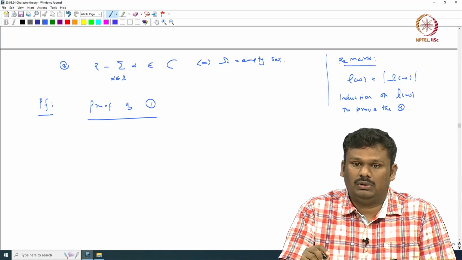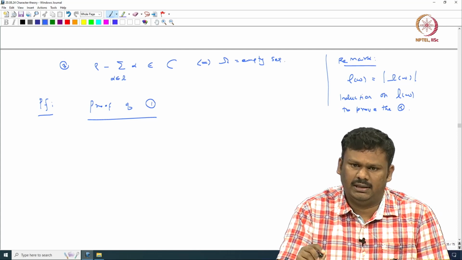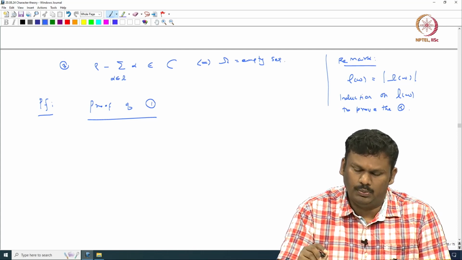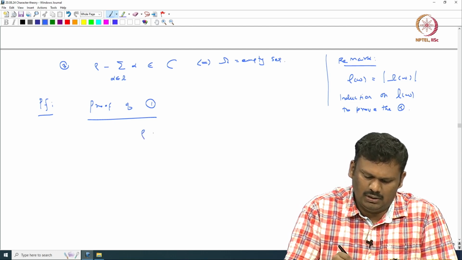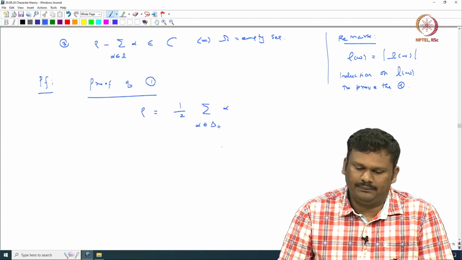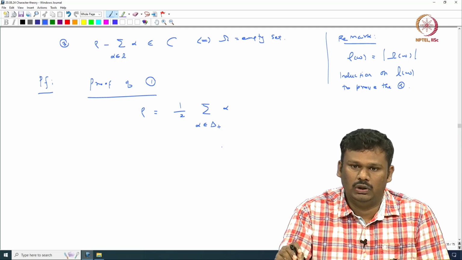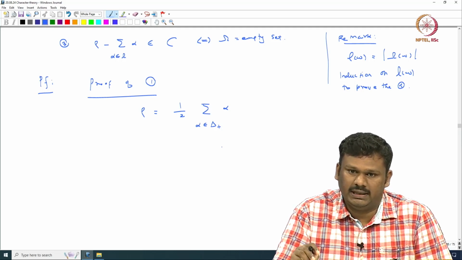But what we are going to do is use the expression of rho very explicitly, and then just compute W rho using that expression. Recall, rho is given by half the sum of positive roots. So in particular, if I take W rho, what will happen? Note that capital W is generated by the simple reflections Si.